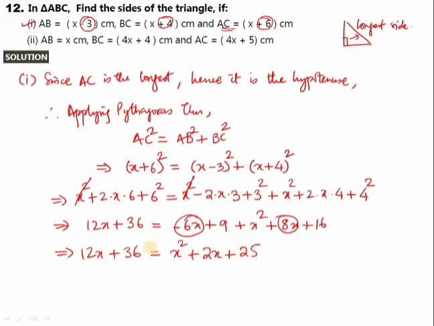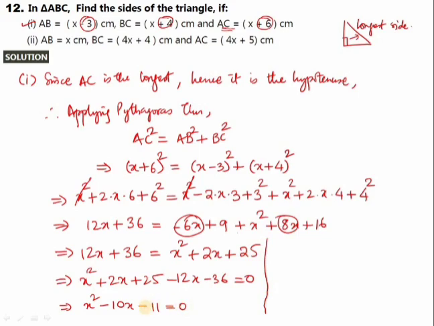Now let's bring everything to one side. So you get x square plus 2x plus 25 minus 12x minus 36 equals 0. So from here you have x square, 2x minus 12x is minus 10x, and 25 minus 36 gives minus 11, equals 0. Now you have to factorize it by breaking the middle term.